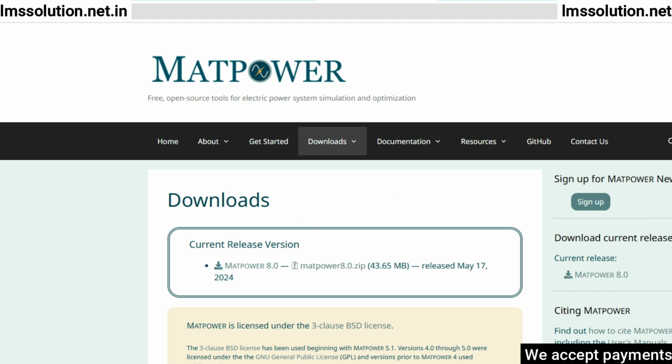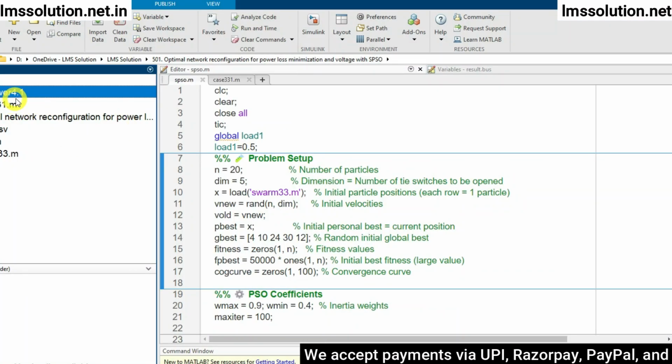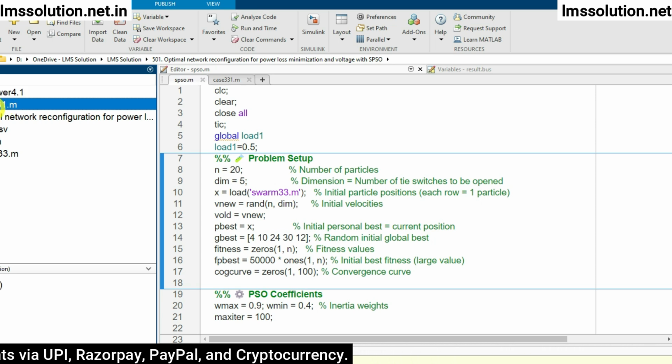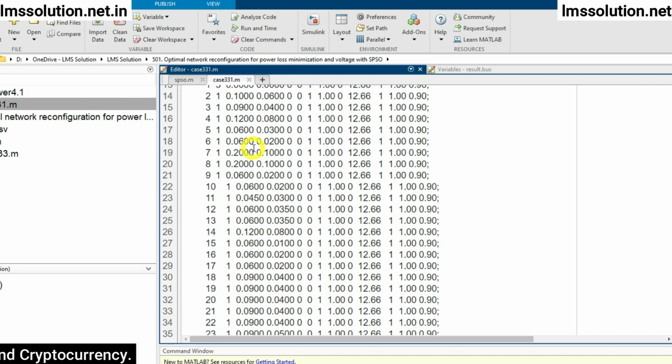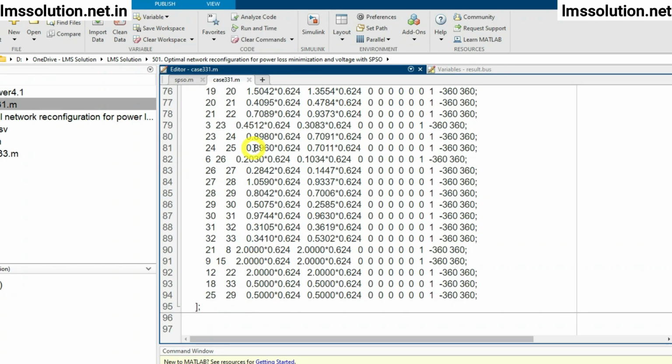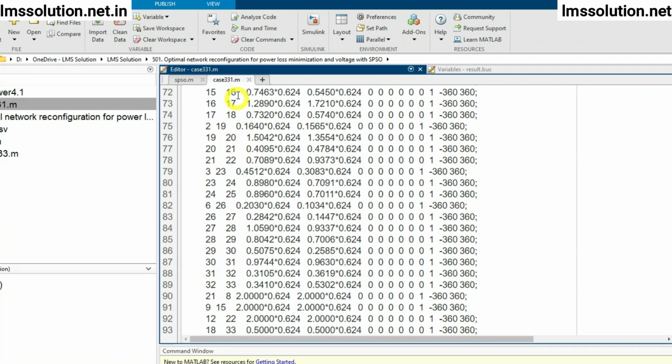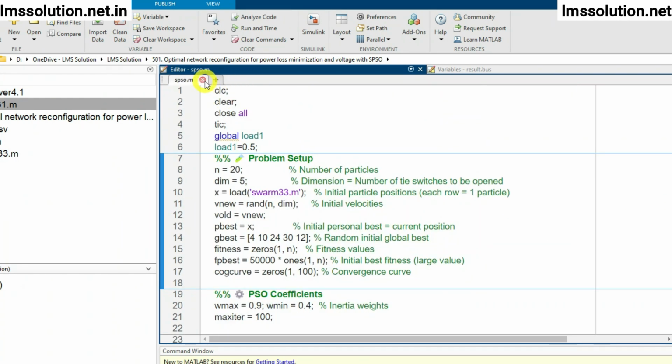I already downloaded it; I am using MATPOWER 4.1, the old version. And then from there you have to take the case33 detail. Here you see this is the case33 detail, that means I am taking the IEEE 33 bus detail here.